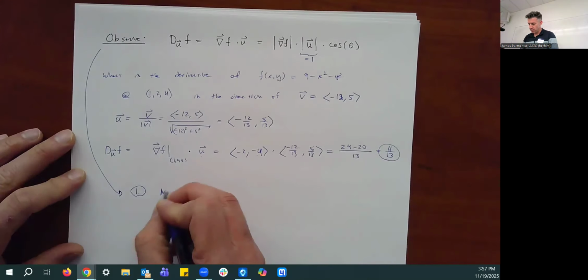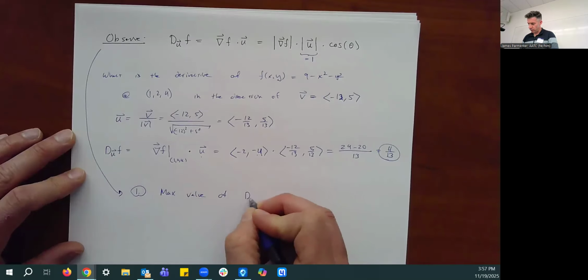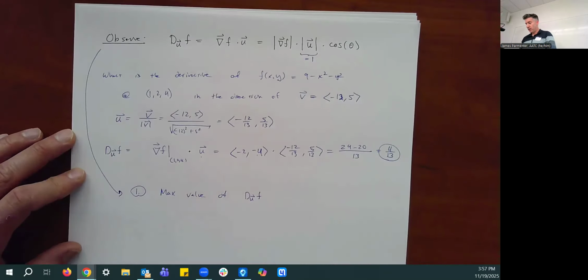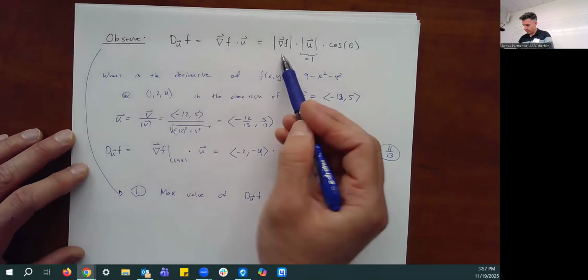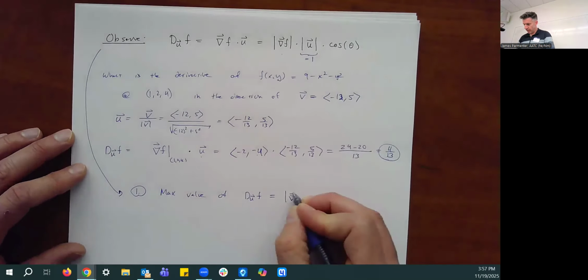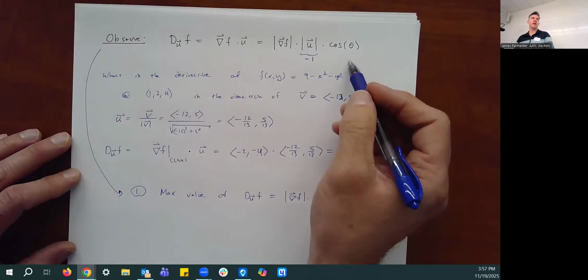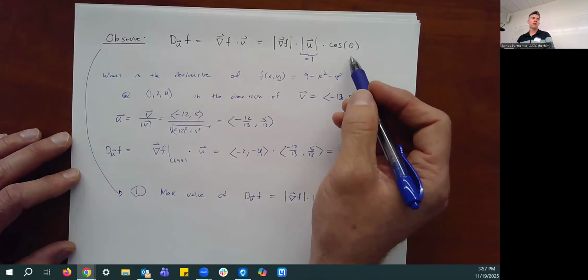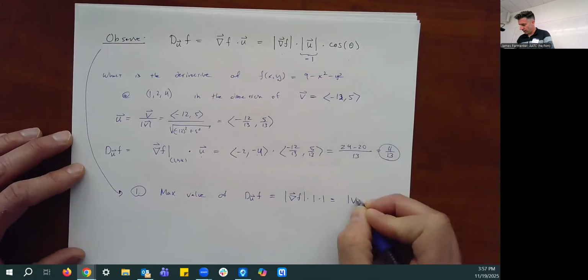So the maximum value of the directional derivative in whatever direction you're talking about is going to be, well, the magnitude of the gradient times 1 times what's the maximum value for cosine of theta? 1. Oh, look, the maximum value of your directional derivative is the magnitude of the gradient of f.